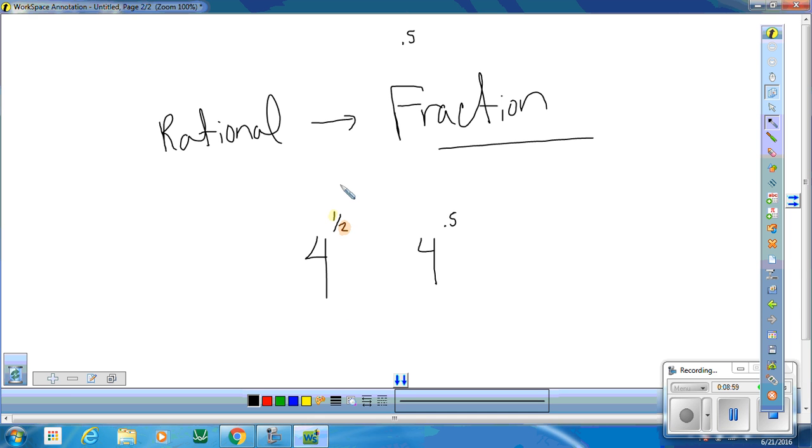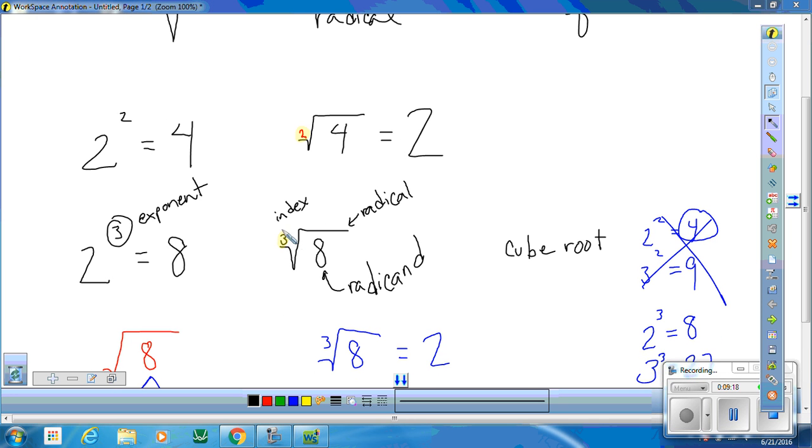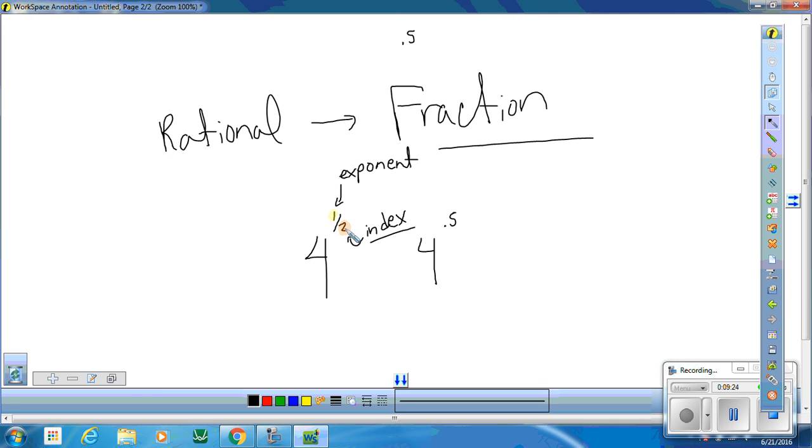The numerator is just giving you an exponent. It's the number on top. It is an exponent. But the number here in the bottom is actually an index. And if you remember from our vocabulary on the page before, the index is the number that goes on that little shelf in the radical. So it's telling us which root we are dealing with. It's kind of our root.